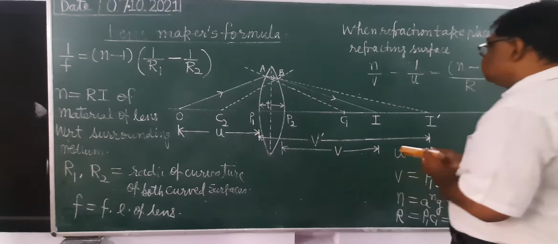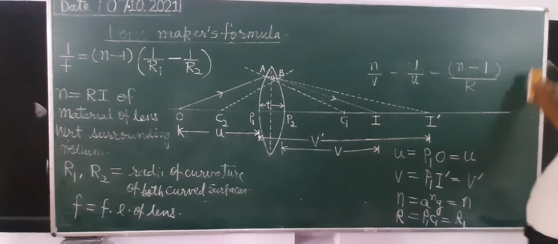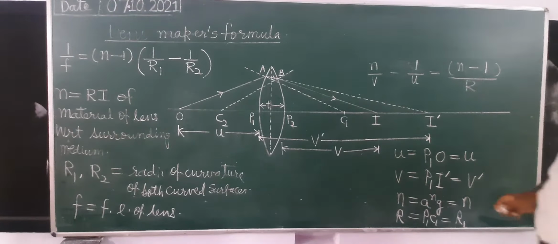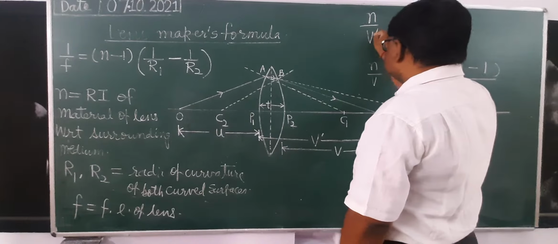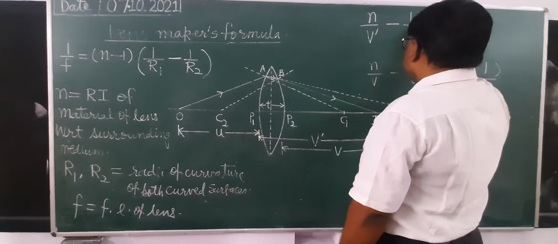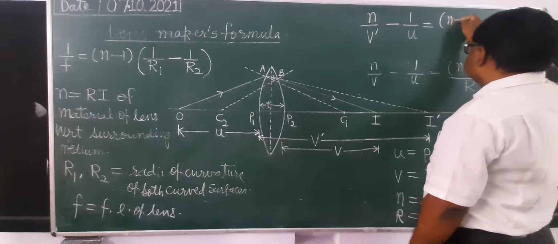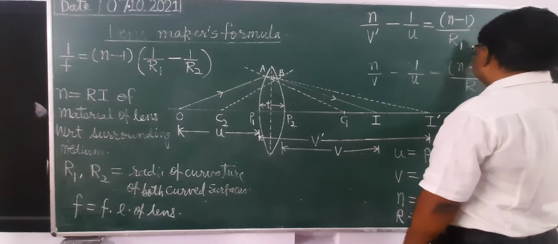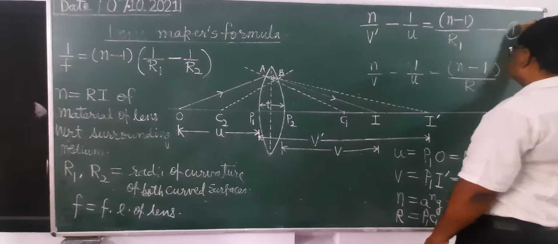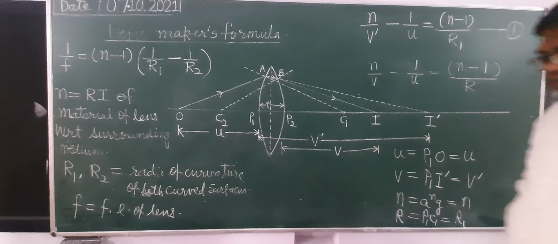When you substitute here, in place of n it is n, in place of v it is B dash, n upon B dash minus 1 upon u equals n minus 1 upon R1. You can take this as an equation, but note down this.